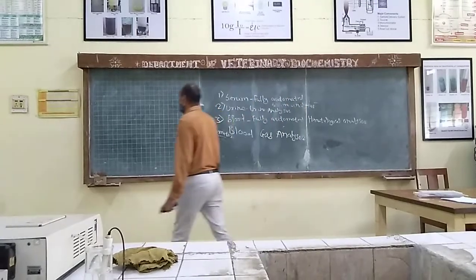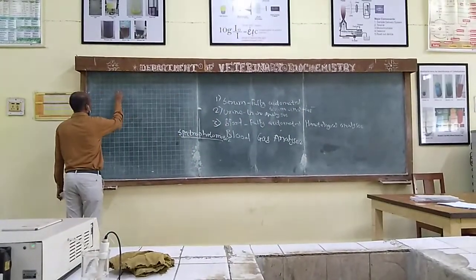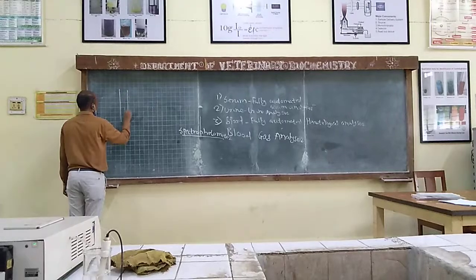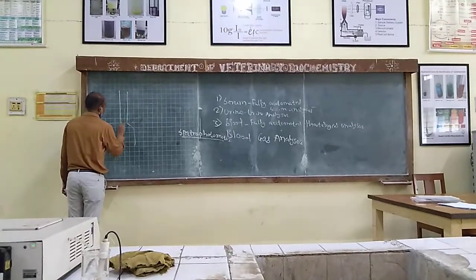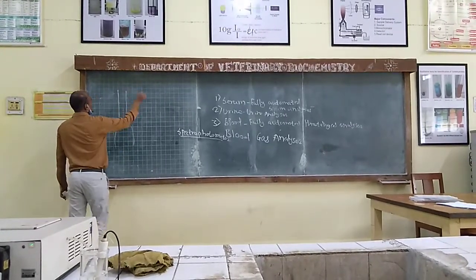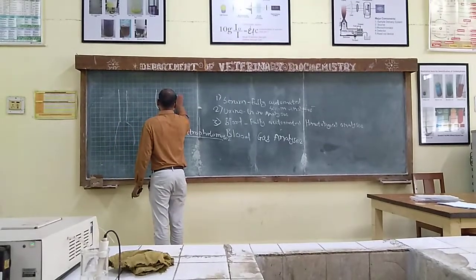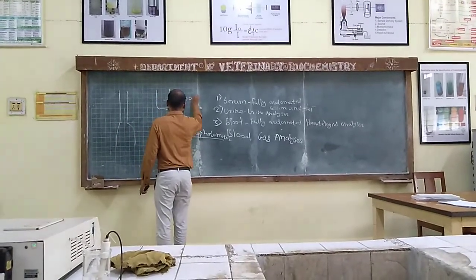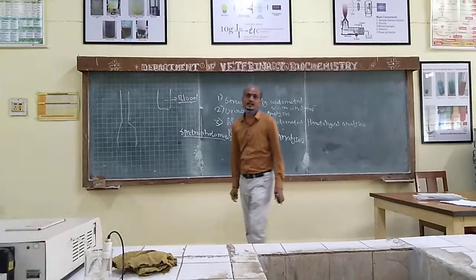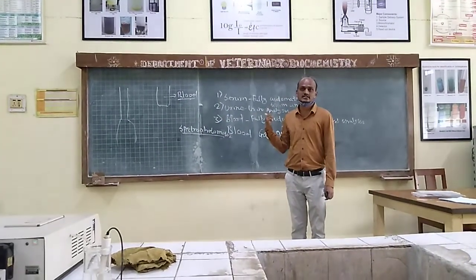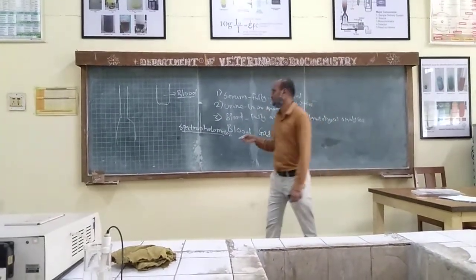So what is the principle of that equipment? We have this equipment like this. So our aim is that we have blood here. Now we want to see what different types of cells are present.